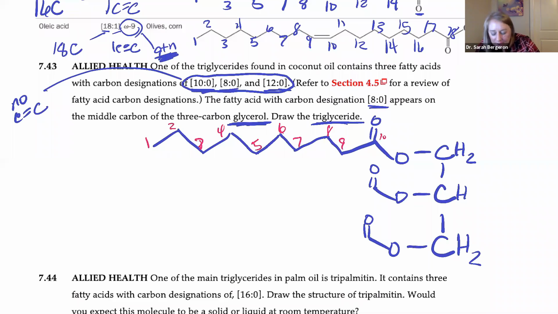I always like to double check and make sure that I've made it the correct length. Okay, so my next one has got to be 8 long. So I'm starting here, that's 1 as my carbonyl carbon, 2, 3, 4, 5, 6, 7, 8. Let's count 1, 2, 3, 4, 5, 6, 7, 8. And that is correct. Now I got to do my last one, which is 12.